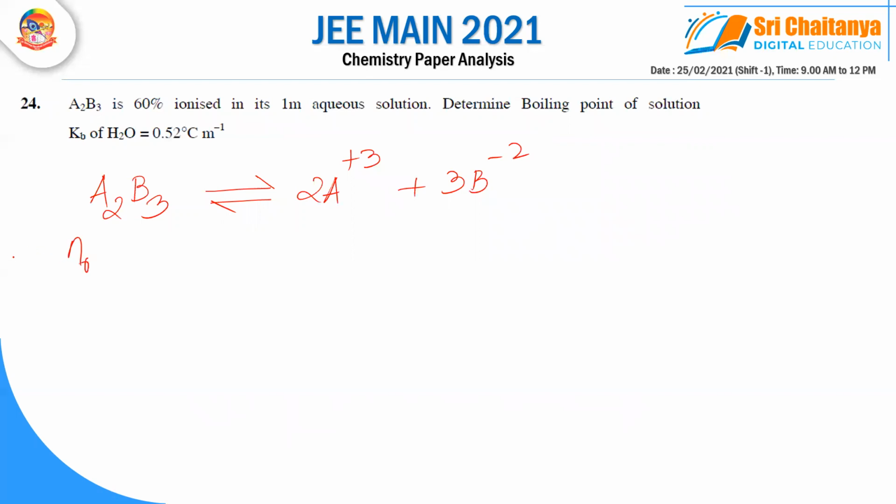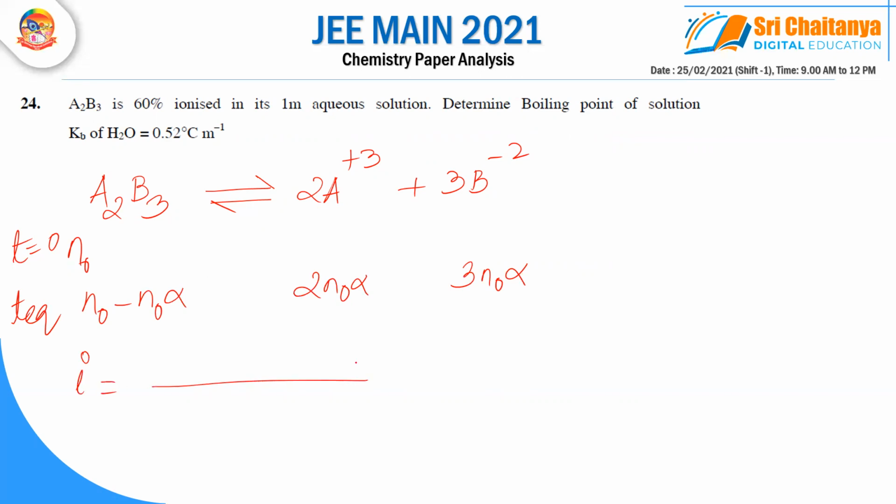If it is n naught initially at t equal to 0, till the establishment of equilibrium, something is going to dissociate: 2 times n naught alpha, and this one is 3 n naught alpha. Now, if I'm going to find out the Van 't Hoff factor, what is the total moles at equilibrium? 2 plus 3, 5. 5 minus 1 is 4. So n naught plus 4 n naught alpha divided by initial moles: 1 plus 4 alpha. This is the Van 't Hoff factor.